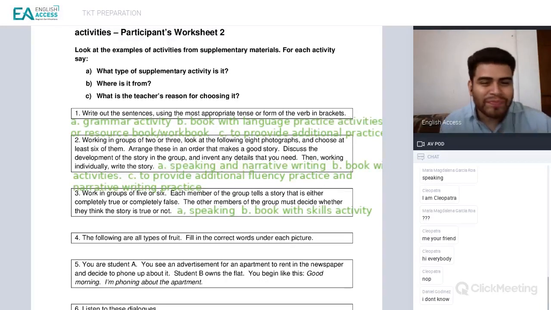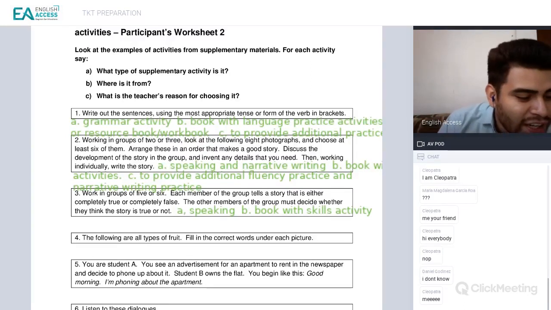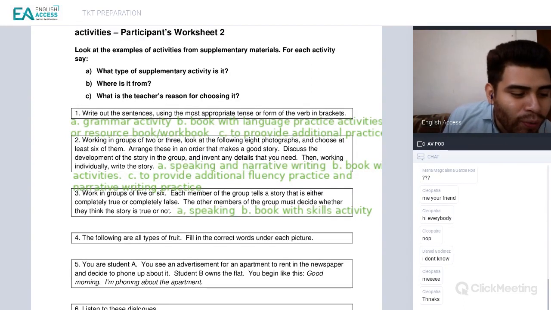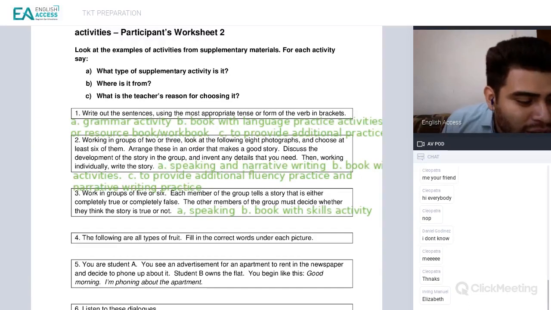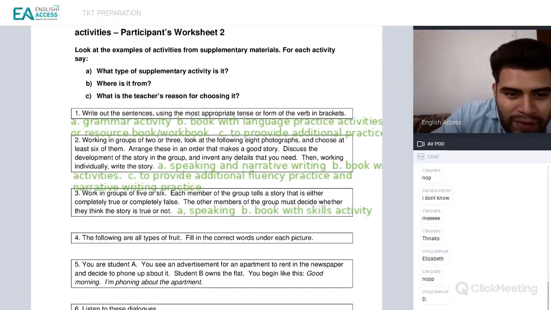Welcome, Cleopatra. All right. So book with skills activity. Now, what is the teacher's aim or the reason for choosing it? Why do you think the teacher might be using this?